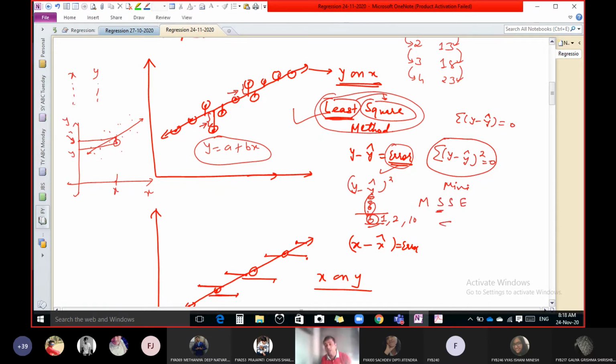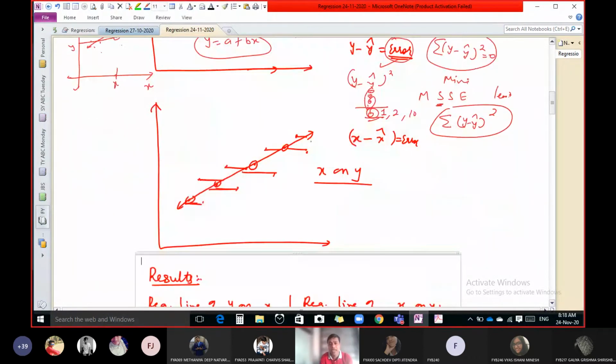Sum means total of squares of error. Error means y minus y cap. If this value is minimum, that is least, then we have the baseline. That is why the name of the method is least square method. The same logic is there for this x on y regression line.